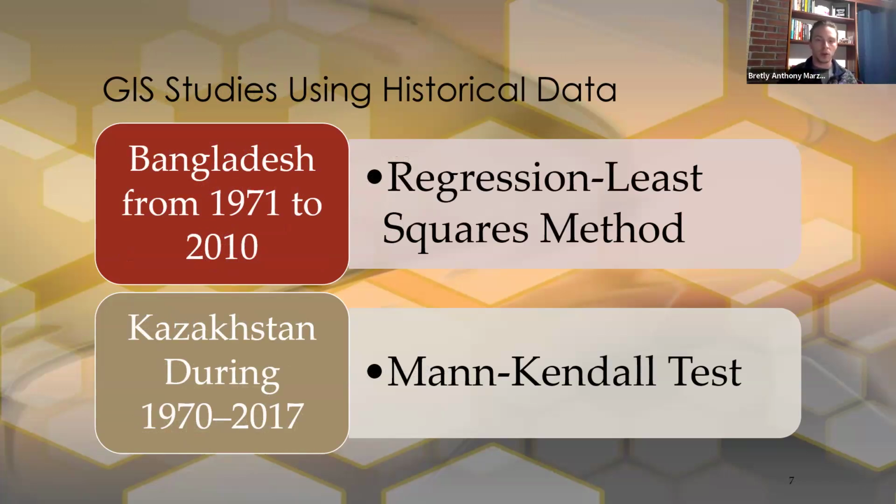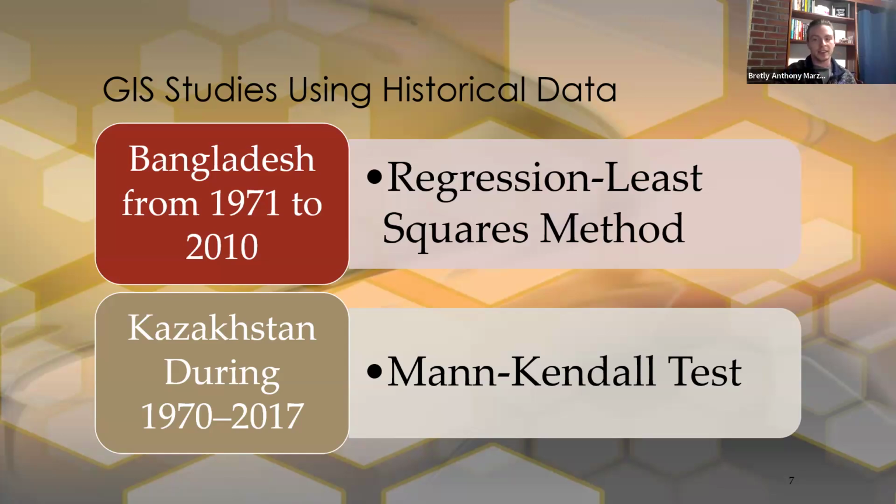They were looking at rainfall and temperatures, and the way that they showed that was doing a regression analysis with the least squares method, and then displaying the results of that trend that would come out to say what that area was doing. The other one was a little more interesting to me because the Bangladesh survey, the temperature and the rainfall was very normalized data, so it was a little easier to work with.